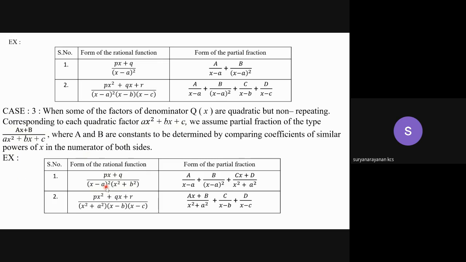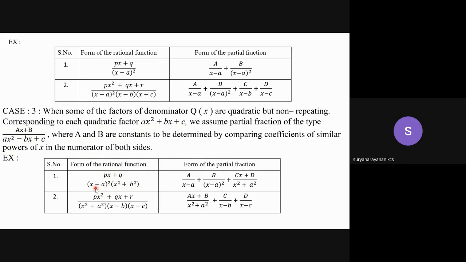Therefore, the degree of the numerator is less than the degree of the denominator. Therefore, it is a proper rational function. So we can write partial fractions.